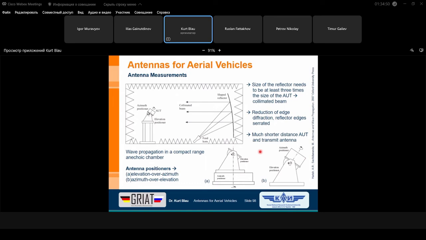If this is sufficient for you, then it's okay, and it should be clear. Then you have a very large number of measurement results if you want to measure the pattern of such an antenna at many more frequencies. This is the problem of the antenna measurement setups.